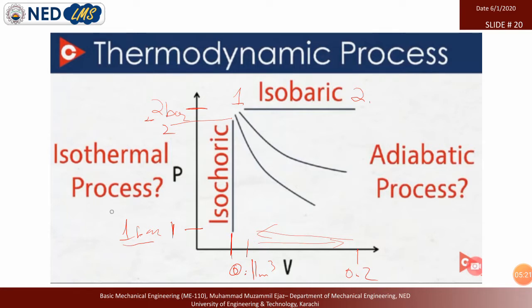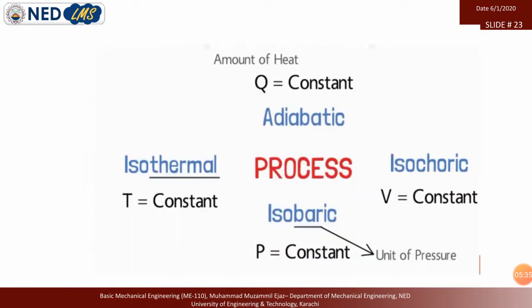Let's discuss the isothermal process and adiabatic process in detail, because they have a similar pattern but two different paths. Why they follow two different paths, we will discuss in later slides. We already discussed this. In the isothermal process, temperature is constant.